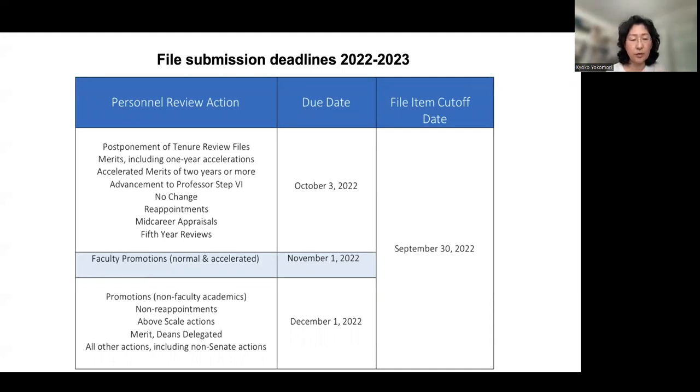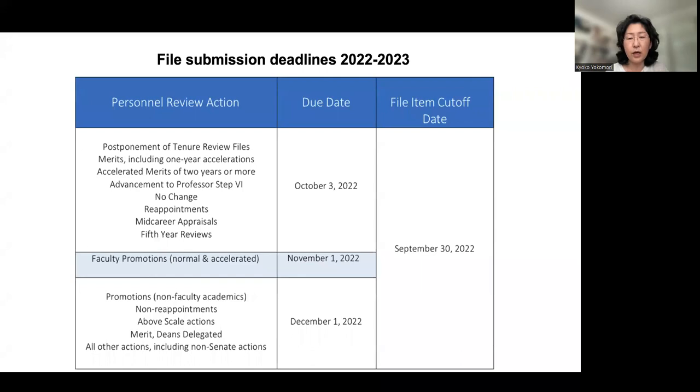Only for the above scale and dean delegated, they are December 1st. But the important thing is that the end date for the review period to include any information is September 30th. So anything that happened before that date this year can go into the form, but not after.